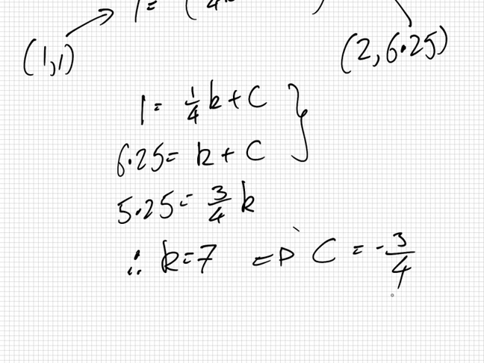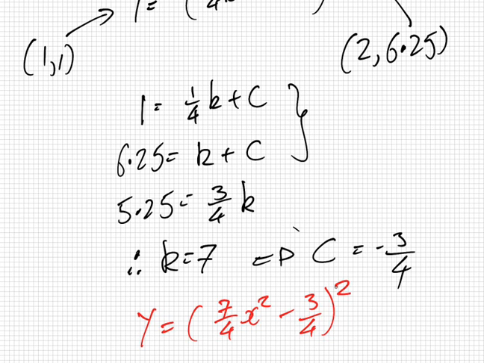I believe. So this will give us an answer of y equals a quarter k x squared plus the c. Now there's a way we can check the answer. If I put x is 1, I should get y is 1.